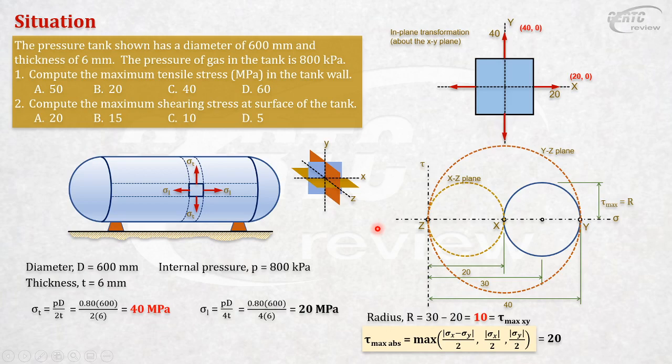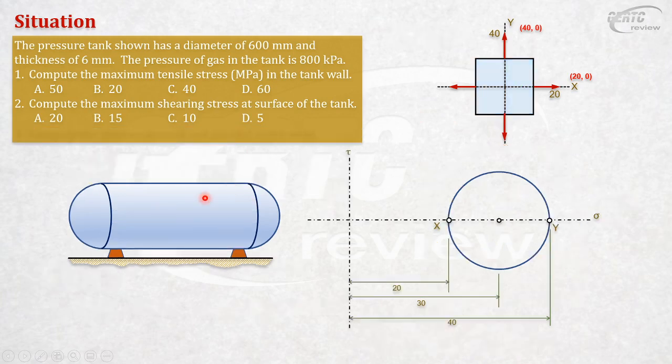Okay? Now, tanong ngayon. Sir, ano yung gamit nung may plane kanina? Di ba yung may angle? So, paano natin yung may angle na plane AA kanina? Tingnan nyo to ha. Now, what if this tank is made by welding steel plates at an angle?